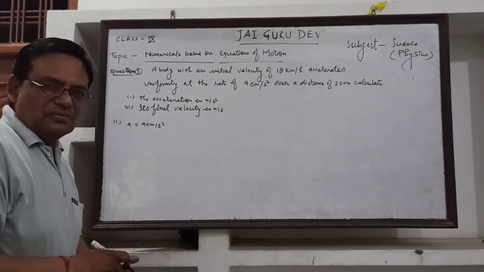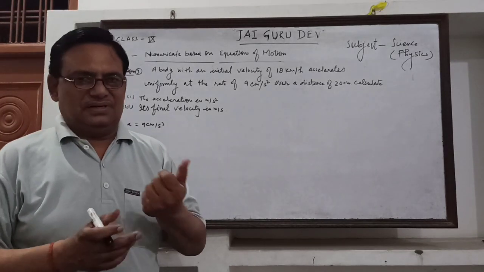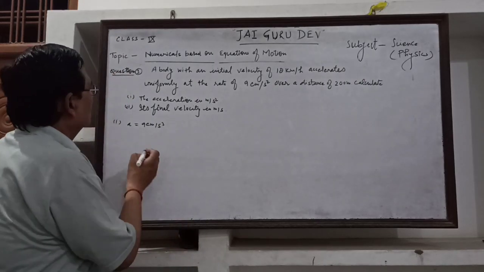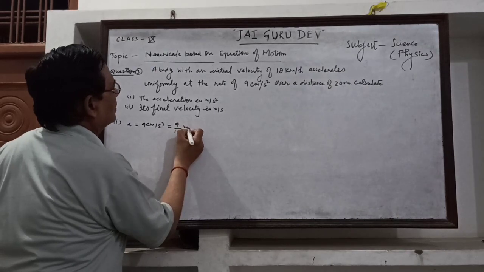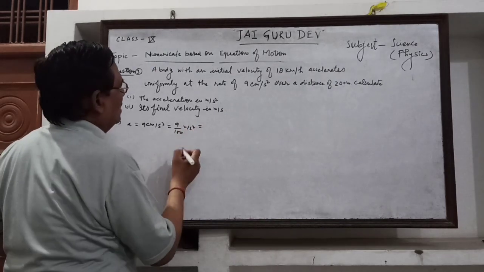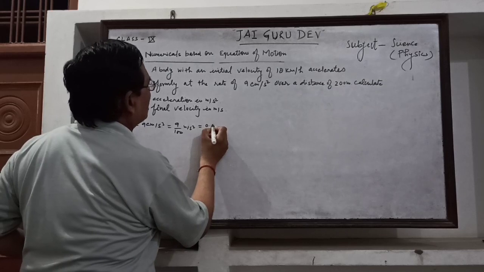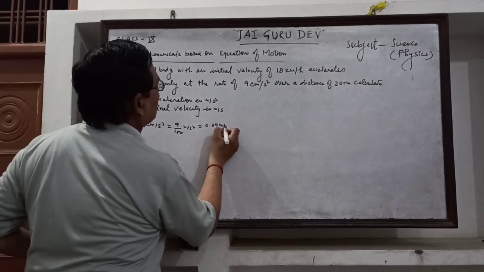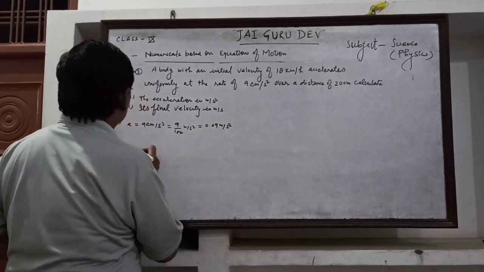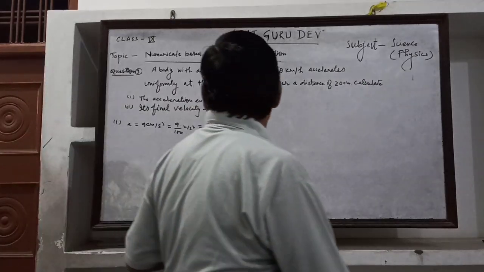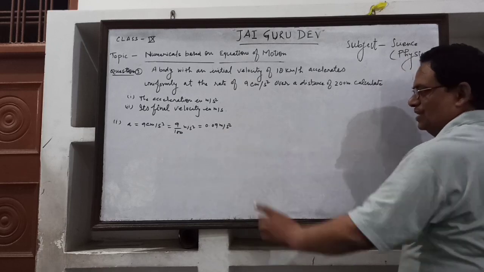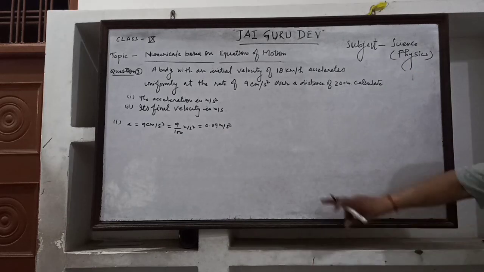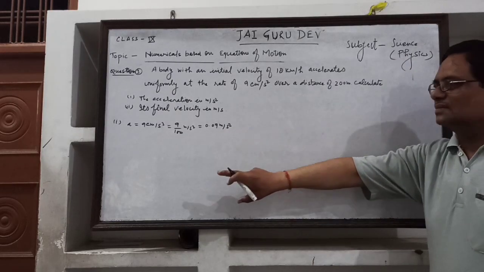We know 1 meter is equal to 100 centimeter. So very simple, 9 divided by 100 meter per second square, or 0.09 meter per second square. So the answer of the first part of the question is 0.09 meter per second square.